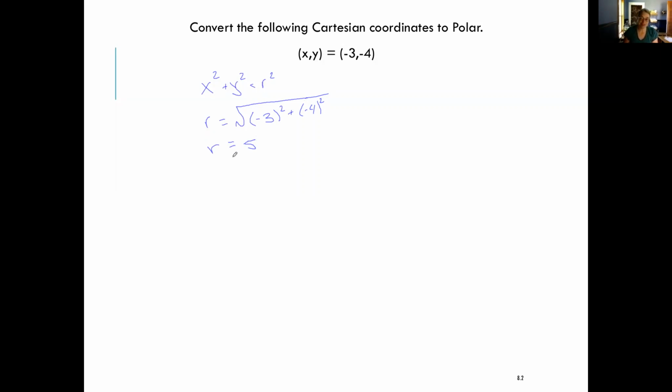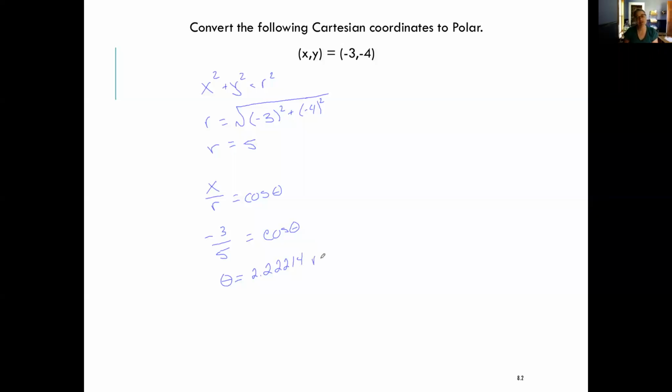Now all we have to do is get to theta, and we can get there a couple of ways. We know that x over r is equal to cosine of theta. So -3 over 5 equals cosine theta. Remember from previous work that that means that we can take the inverse cosine, and we find theta equals 2.2214.